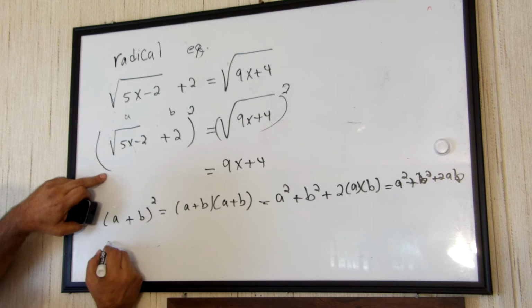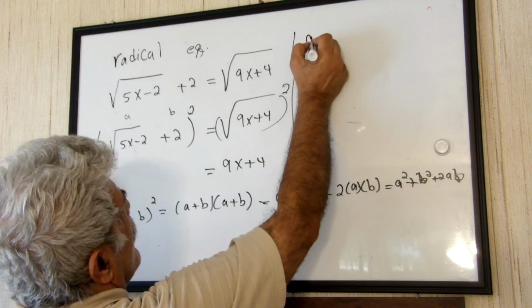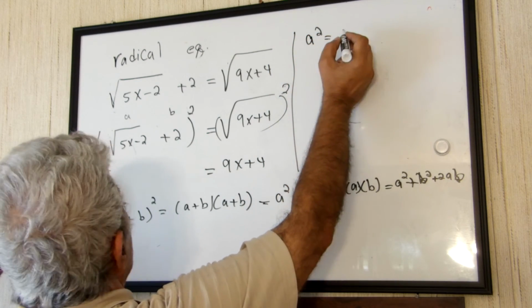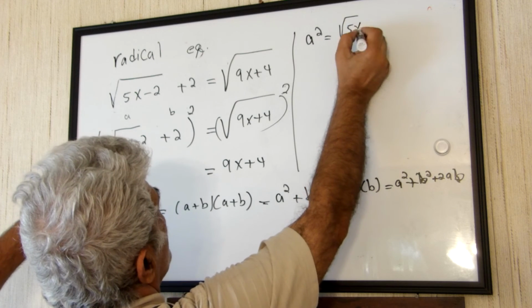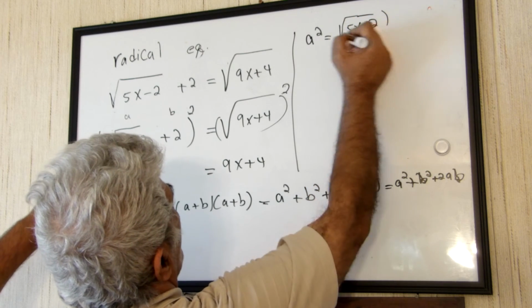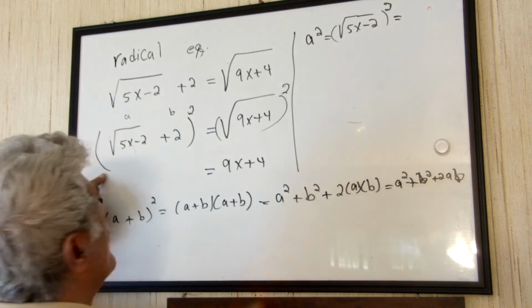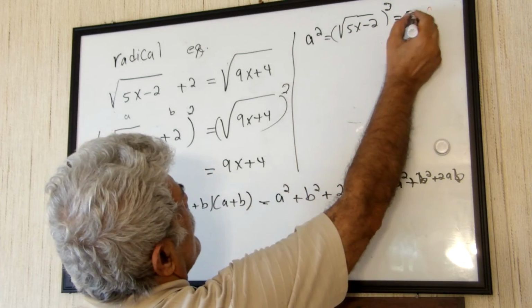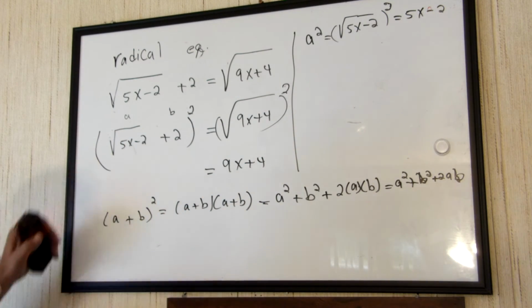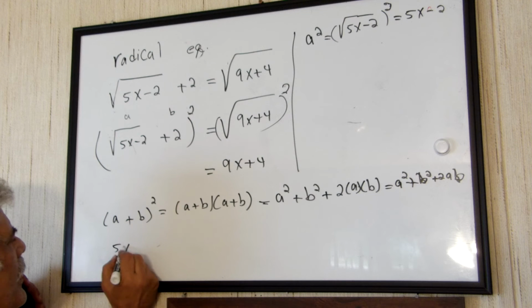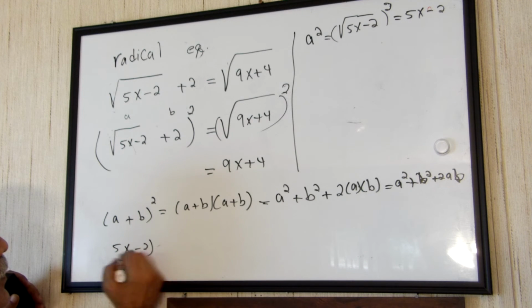The first one squared, see right here, 5x minus 2 to the power of 2 is going to be 5x minus 2. This is a squared.